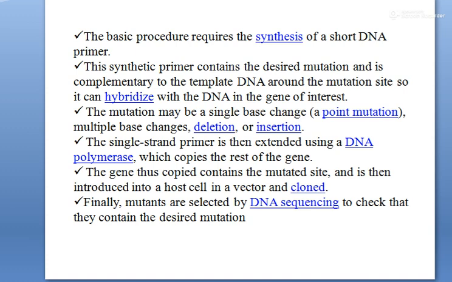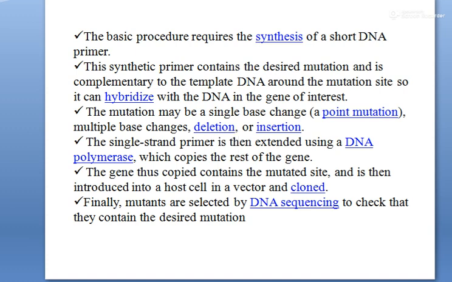And next, the gene thus copied contains the mutated site and is then introduced into host cells in a vector and cloned. That means the gene after mutation is introduced into the host cells, and in the host cells it is cloned. Finally, the mutants are selected by DNA sequencing to check that they contain the desired mutation.